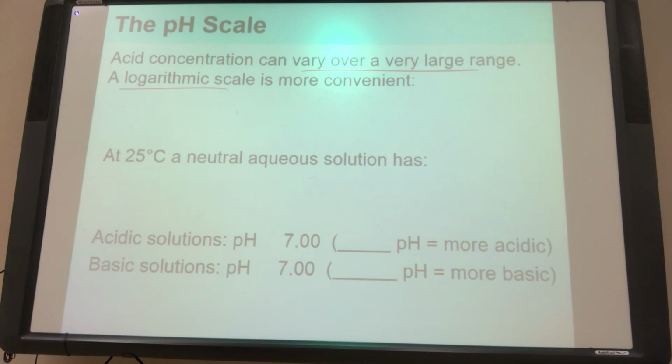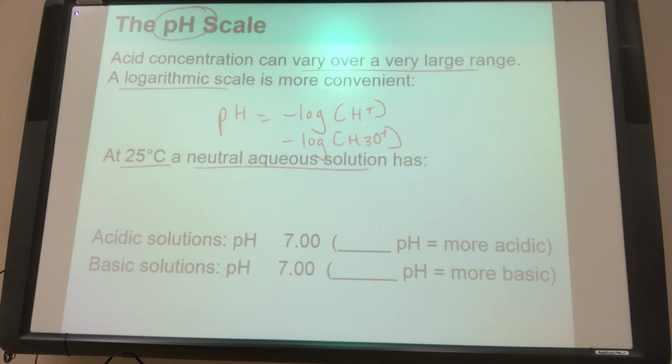So we're going to start talking about the pH scale, which you've probably heard about before. pH is equal to negative log of H plus or negative log of H3O plus, either one. So at 25 degrees Celsius, it's a neutral aqueous solution.